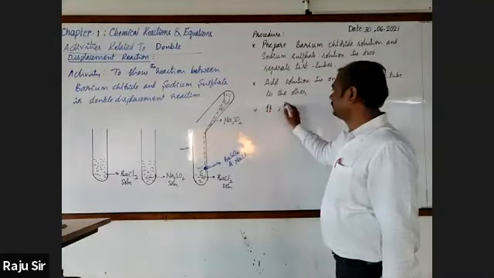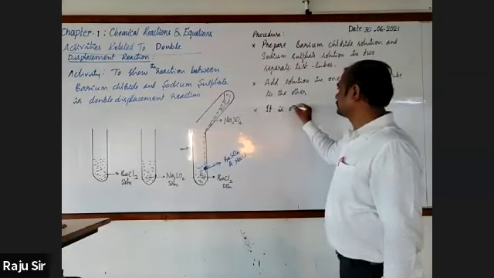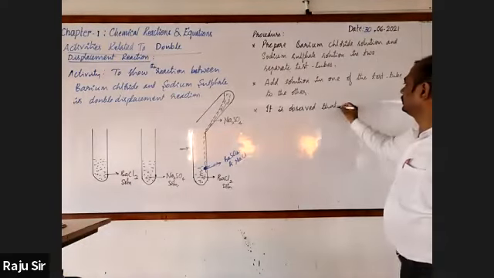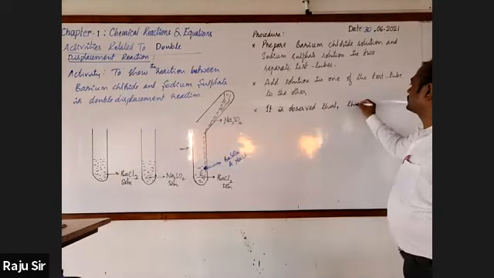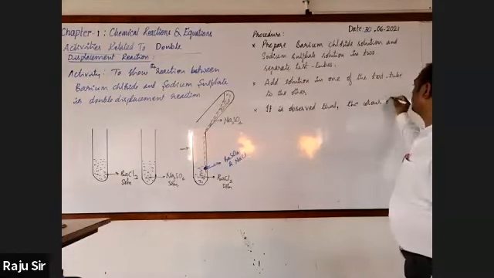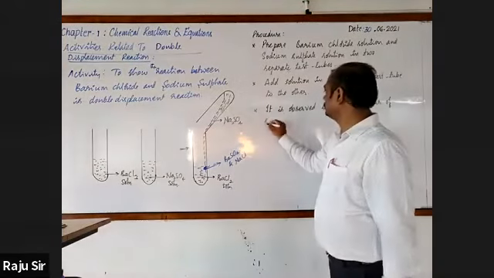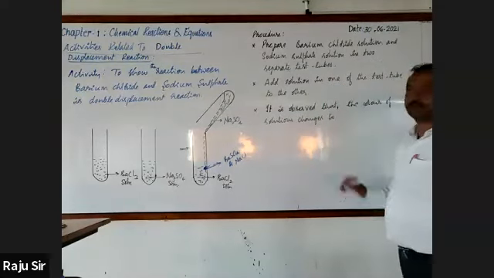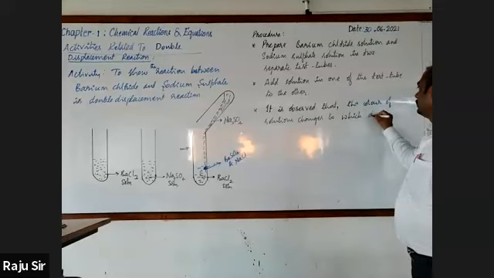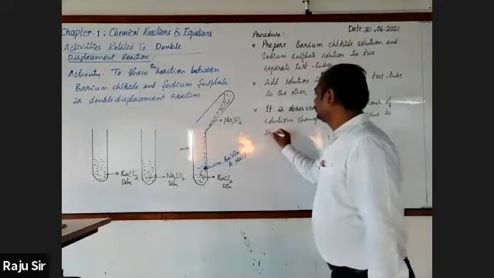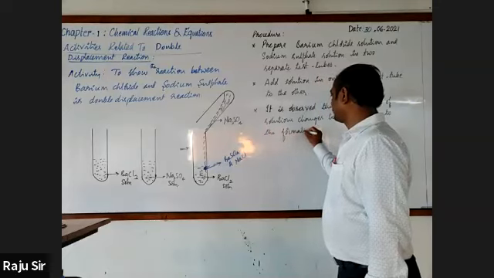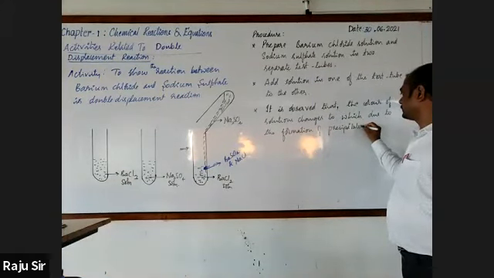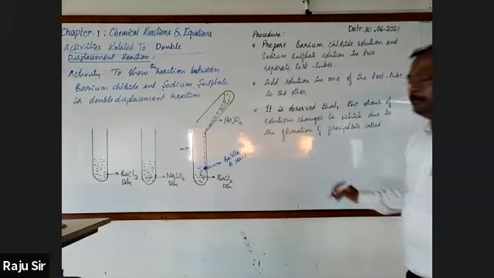It is observed that the color of the solution changes to white due to the formation of precipitate called barium sulfate.